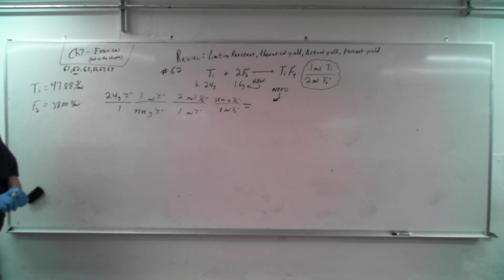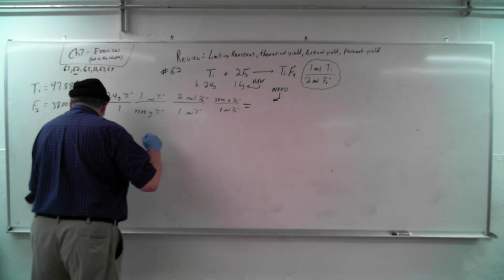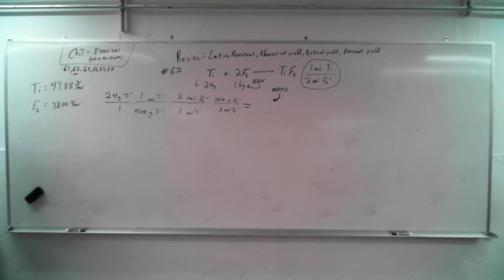At the end of this calculation is the amount of grams of F2 that I need to react with 2.4 grams of Ti. 2.4 times 2 times 38 divided by 47.88.